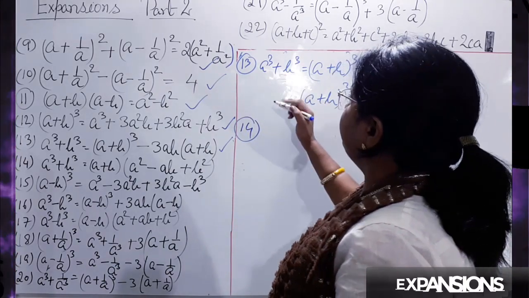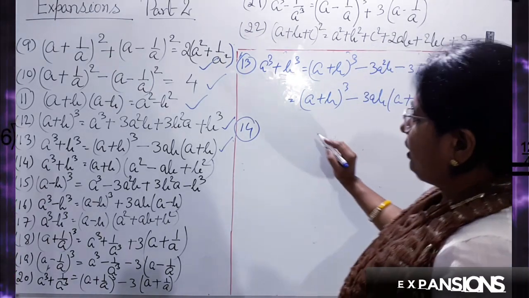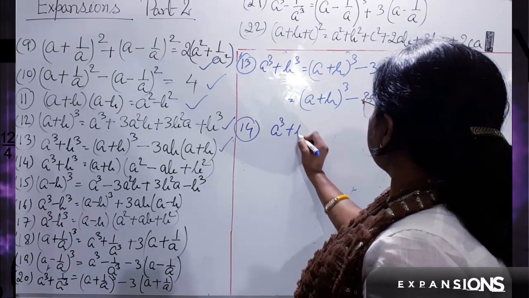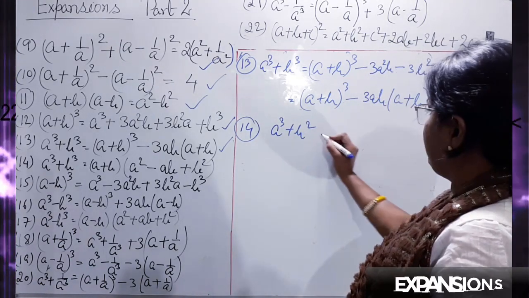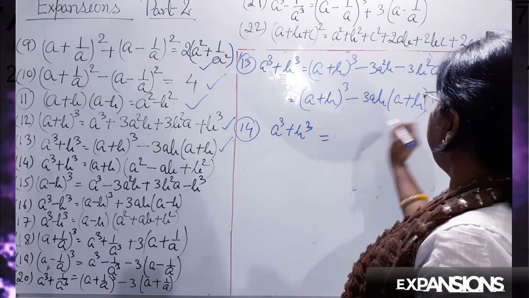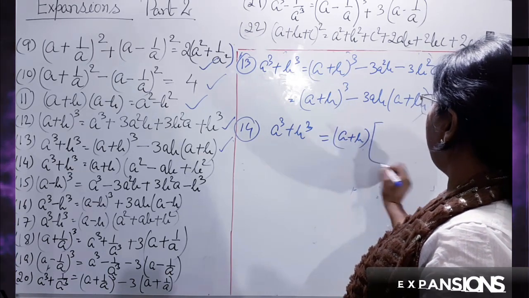these are all sub formulas. a cube plus b cube is this much. So we can get for 14 number a cube plus b cube, proceeding from this step. a cube plus b cube is equal to, take (a + b) common.